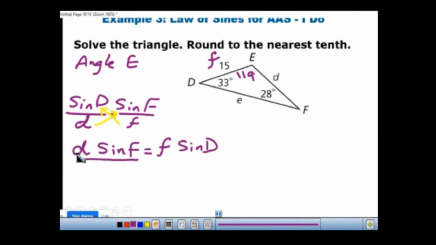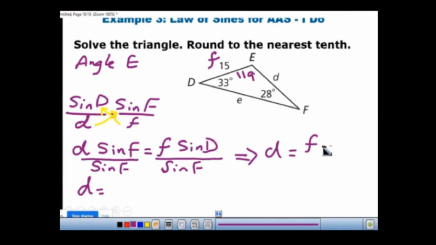So you divide both sides by sine F. And that's going to give you d itself is going to equal little f sine D divided by sine F. Okay. So now d equals what?